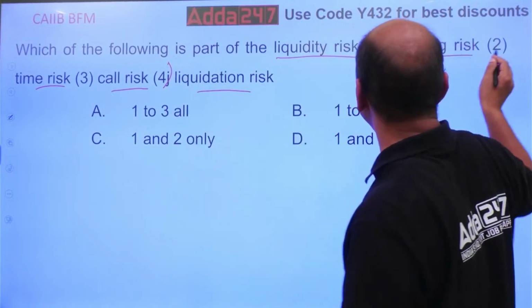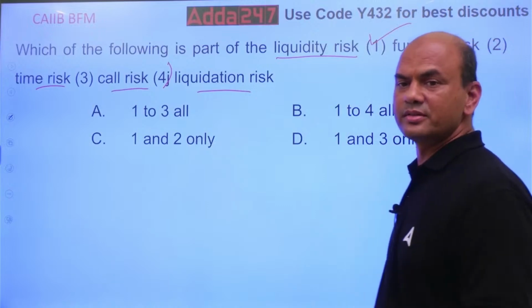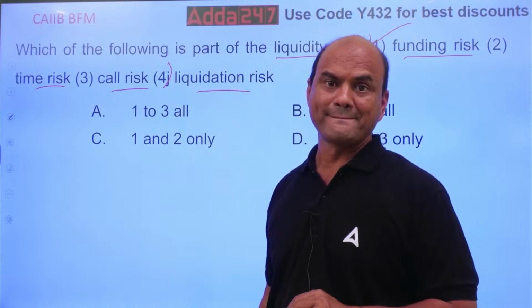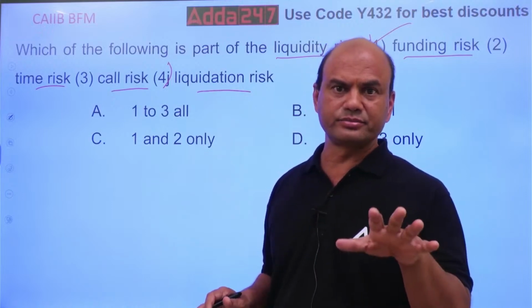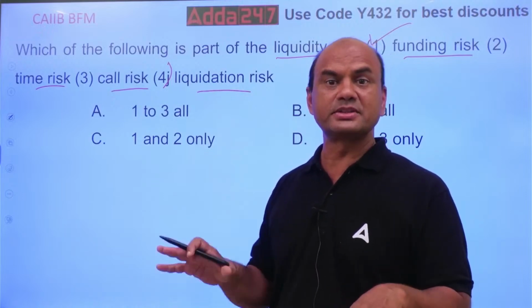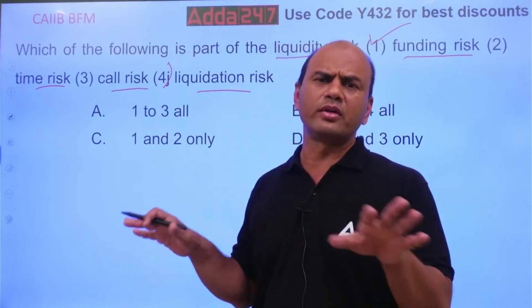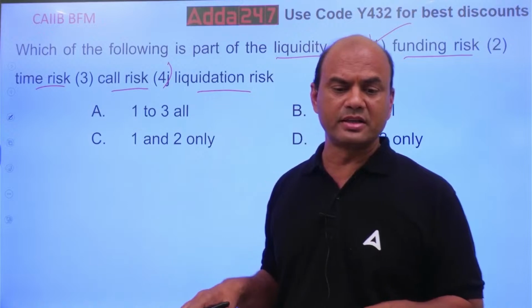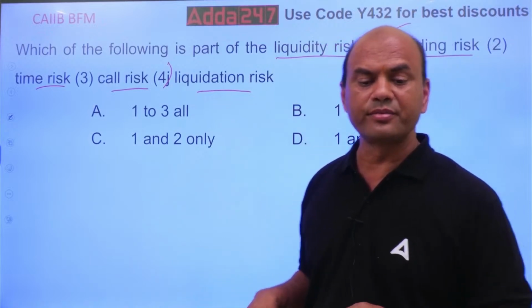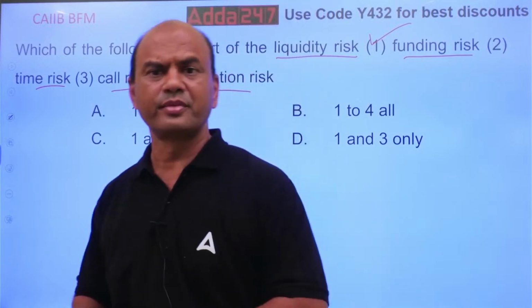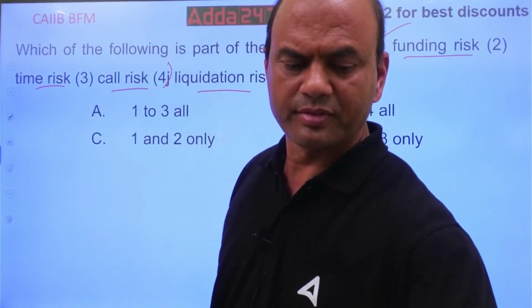What about the second one? Time risk. What is time risk? Time risk means management of time. At the time of my deposit maturing, I must get the enough funds. If I don't have it, if there's a time mismatch, then definitely things will be a problem for me.